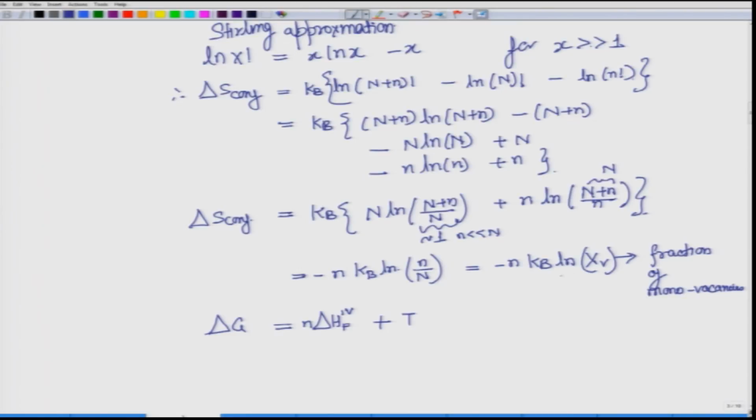So, this term will itself still remain negative, and this becomes n T KB ln x v. Actually, let me use this 1 v in all these places, to differentiate it with respect to mono vacancies. Okay, now let me go to the next page. So, let me write the relation again here.